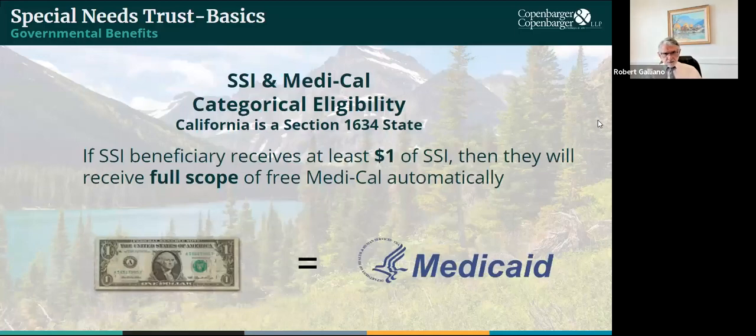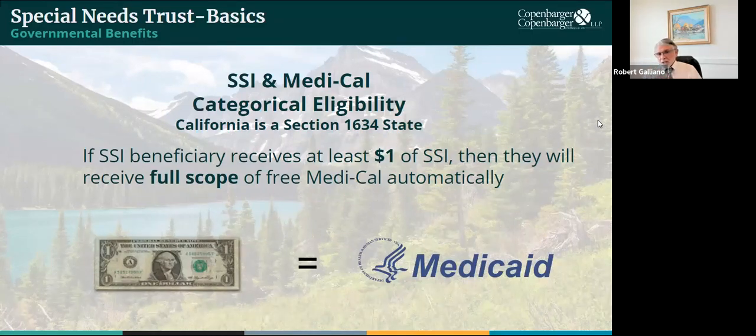All right. This is a very critical slide that I want everybody to really focus on. Very important. California is one of few states that is considered, the terminology, I'm not going to go into the details of the rules and the laws and so forth, but I want to tell you that California is classified as a Section 1634 state.